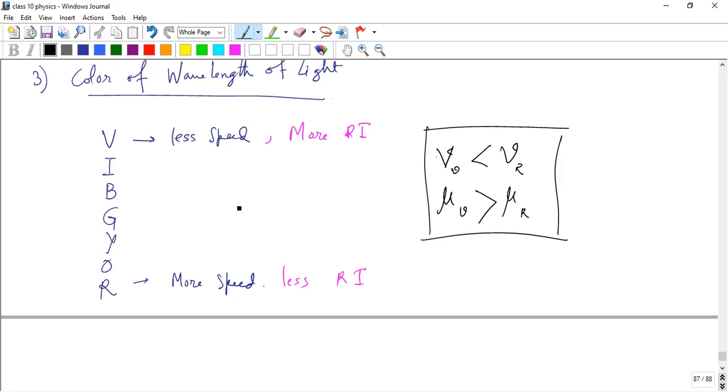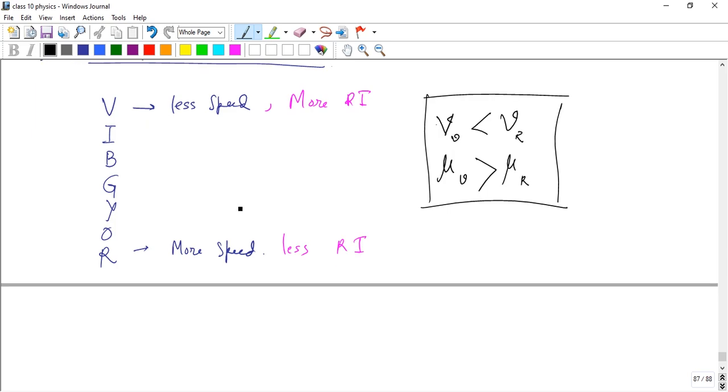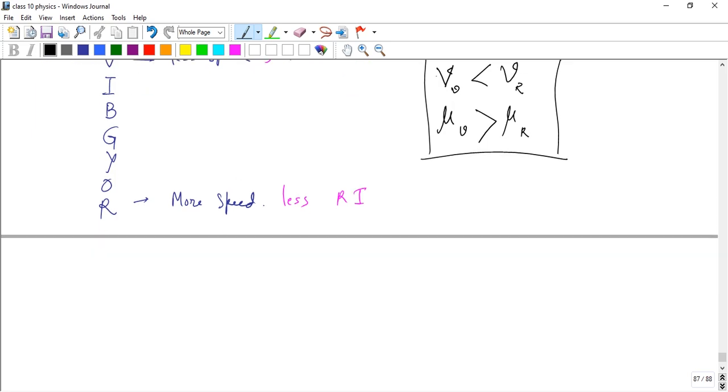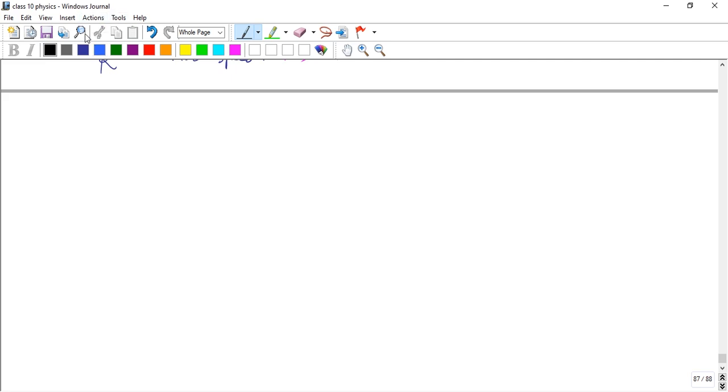Next, we discuss the principle of reversibility of the path of light. First we draw a diagram.